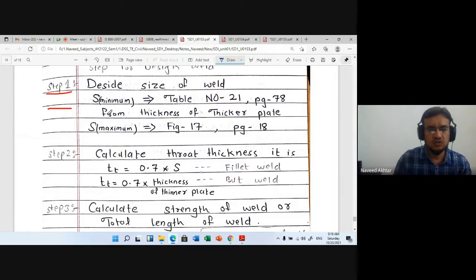So you have to decide the minimum size of weld from table number 21, and the maximum size of weld from figure 17, page number 81. This is page number 81, not page number 18. You can also calculate the throat thickness.